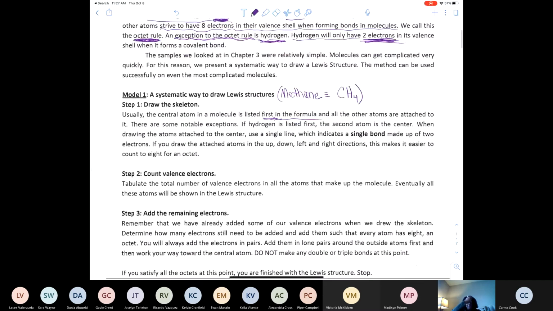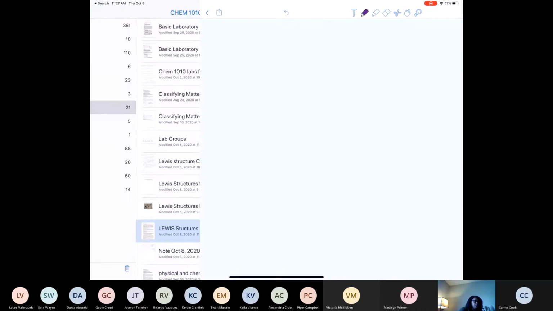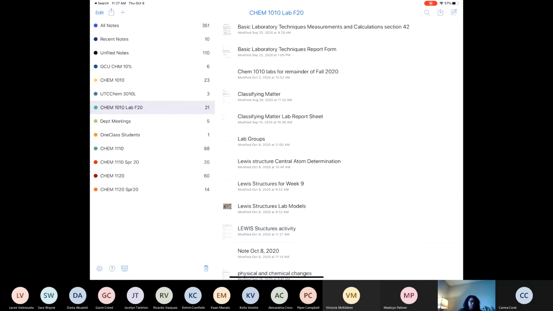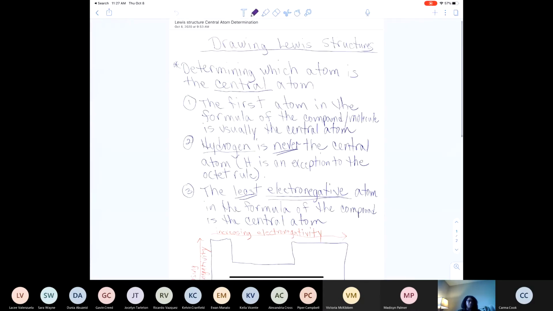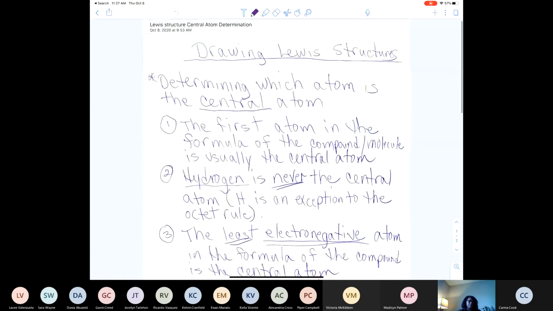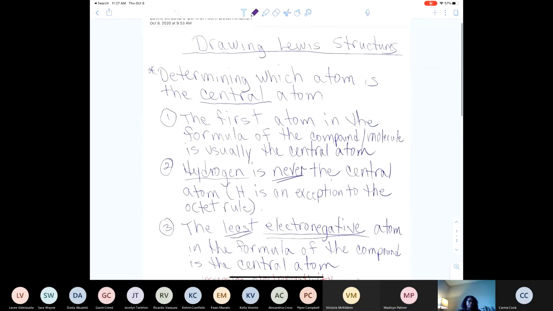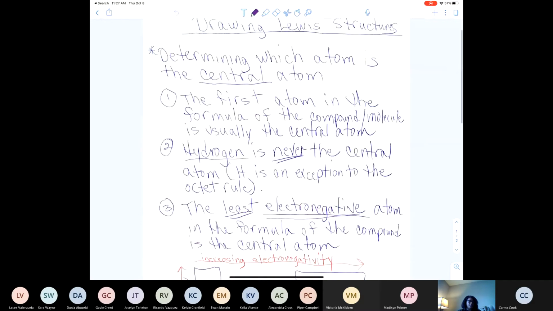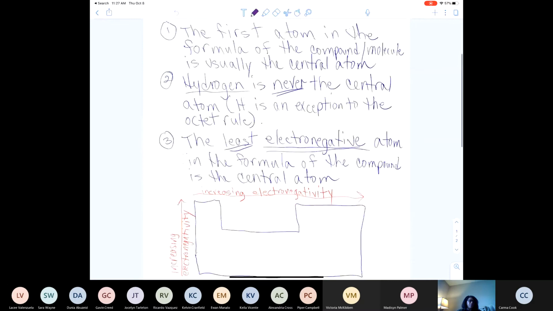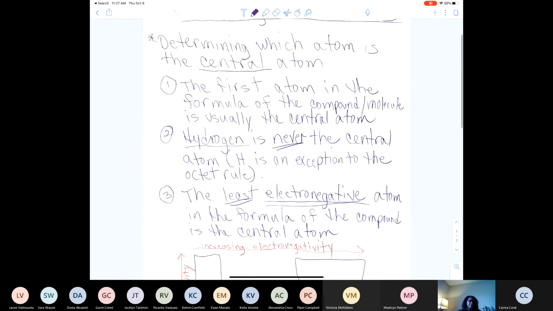Once you've picked out the central atom, there are 2 other ways to determine the central atom. We talked about the first method: the first atom in the formula is usually the central atom.